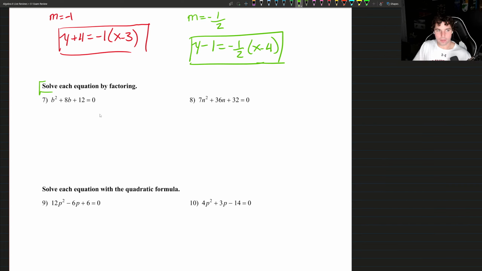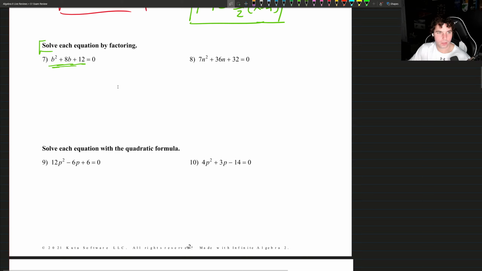So when I say solve each equation by factoring, we want to factor the left-hand side and then solve for, in this case, b. All right. There's 2 different types of these problems. There's one that's going to be really, really easy, and then there's one that's a little bit more involved.